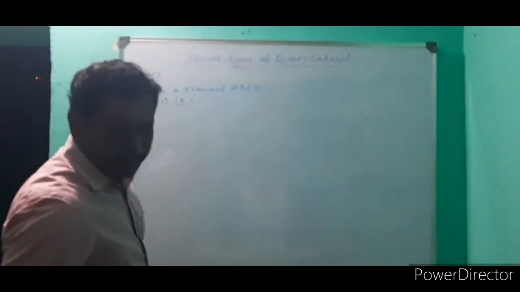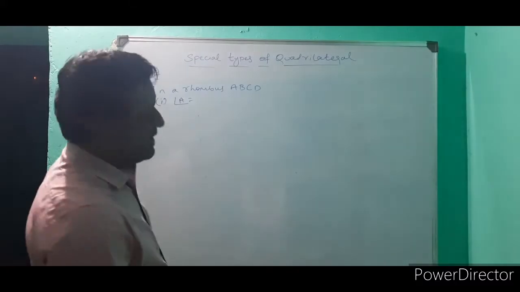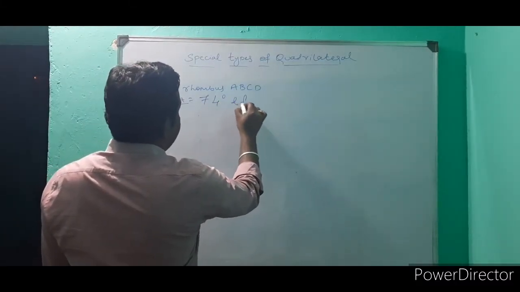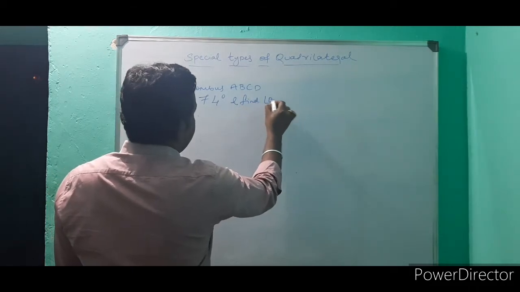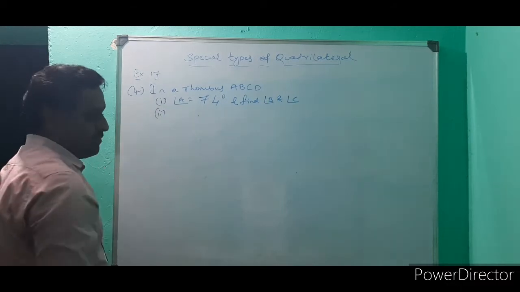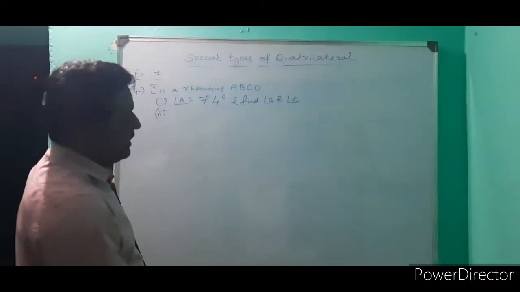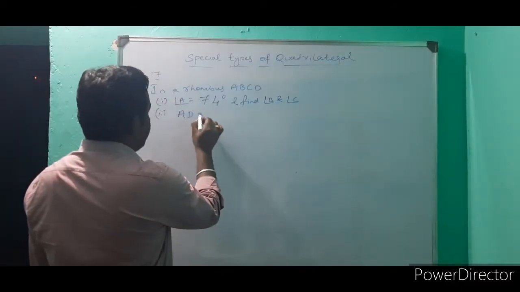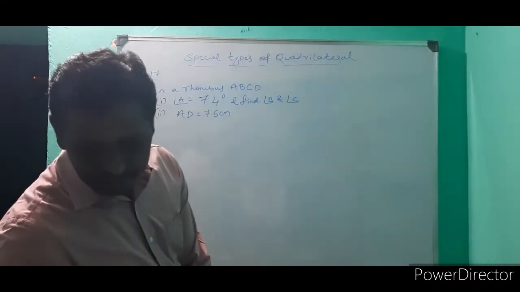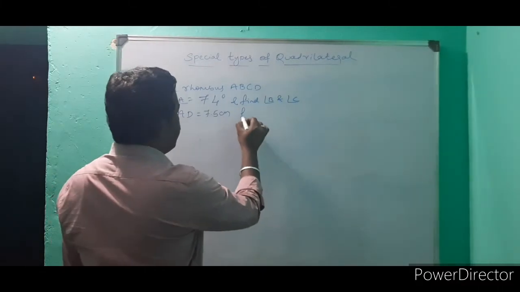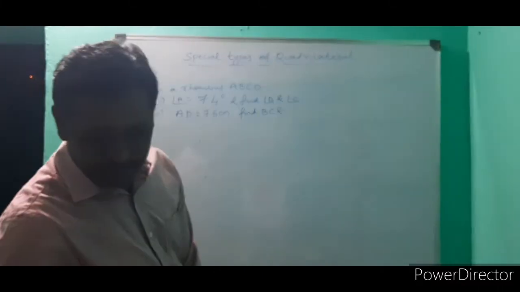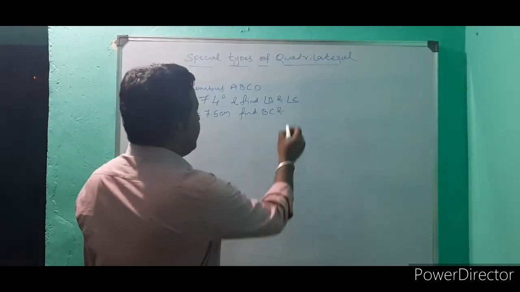Angle A is equal to 74 degree, and find angle B and angle C. Second condition, AD is equal to 7.5 centimeter. Find BC and CD.